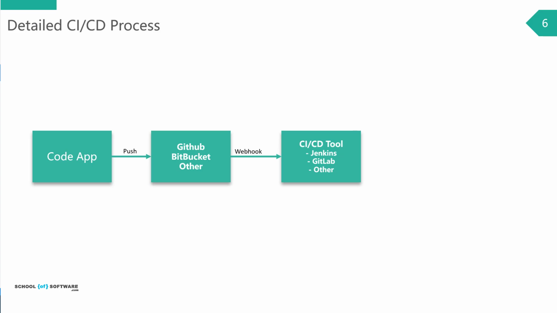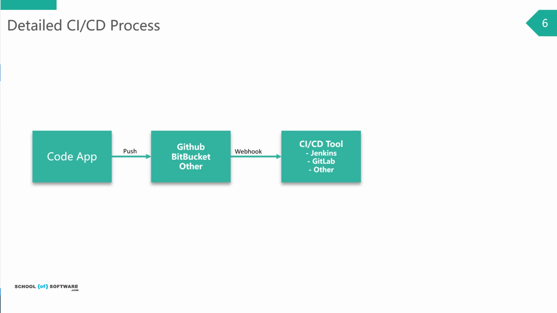But ideally, you do want to configure webhooks, because if you're doing polling, it'll utilize more resources on your CI/CD systems, because it's continuously calling the API to check for changes. But this way, with a webhook, it doesn't have to do anything.